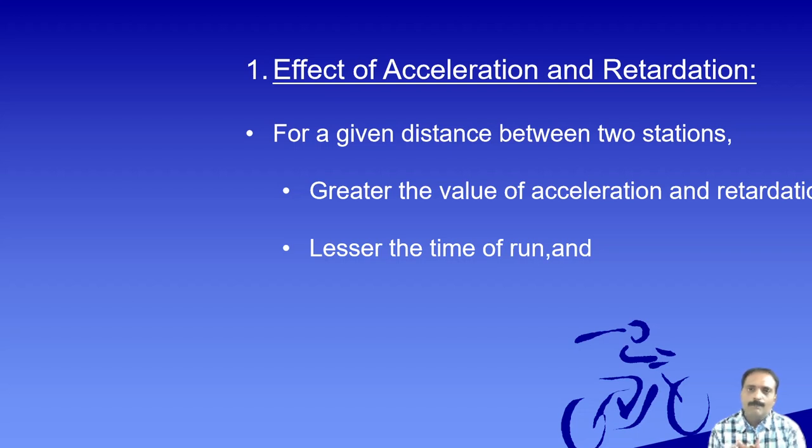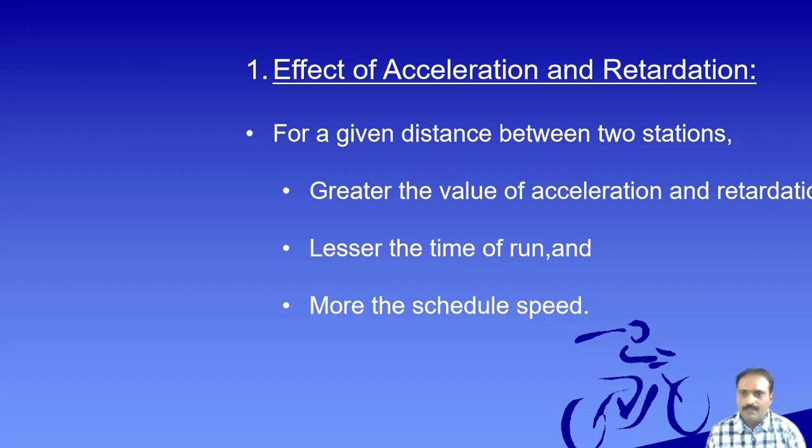As we know, the scheduled speed has an inverse relation with time. Obviously, if you increase the value of acceleration, the scheduled speed also increases because of the lower values of time. So that is very clear. We have a proportional relationship between the scheduled speed and the acceleration or retardation.